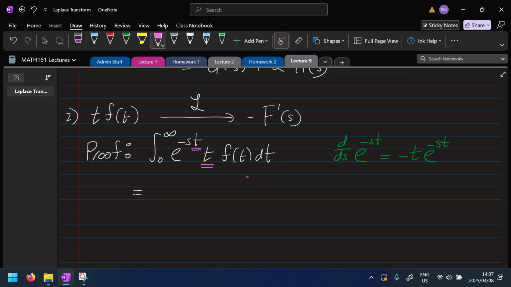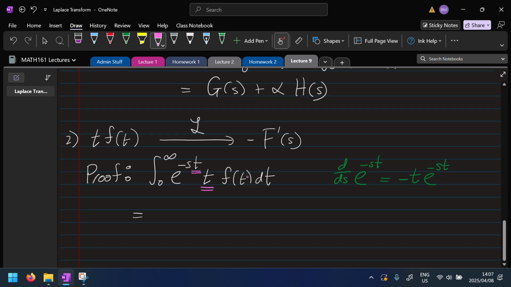So let's put the minus sign on the outside and then take the derivative with respect to s. So minus d by ds, integral from 0 to infinity of e to the minus st. The derivative will take down the minus t like we wanted, and then the minus in front will cancel that. And then we have f of t dt.